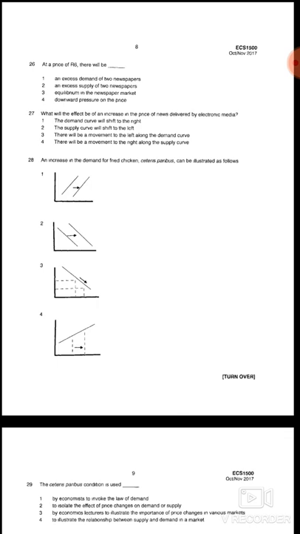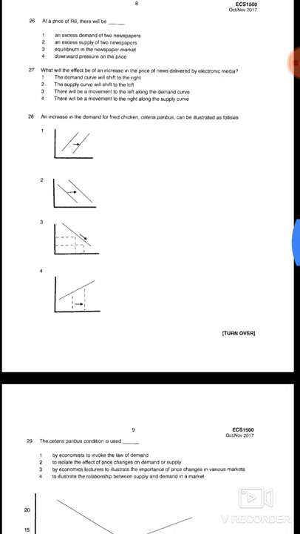Yes, so remember, price and supply, they go hand in hand, and quantity supplied. So an increase in the price will cause a movement, so it's option number 4. Let's move to question number 28. An increase in the demand for fried chicken, ceteris paribus.